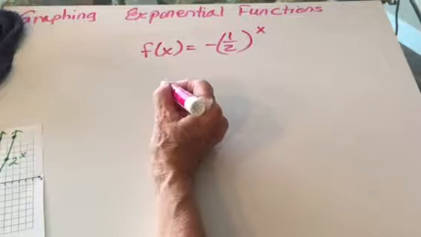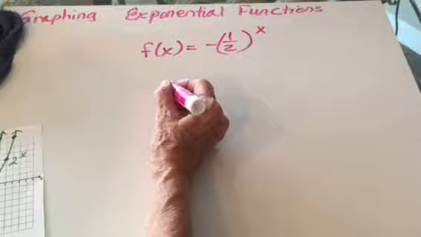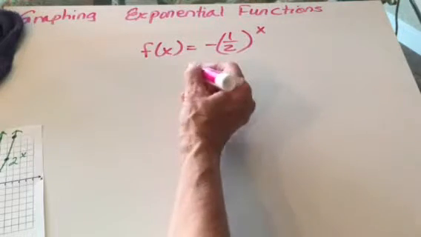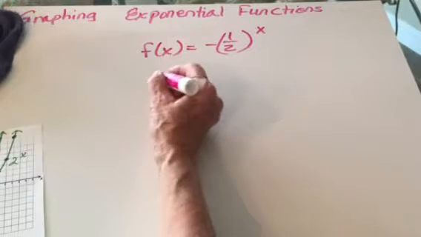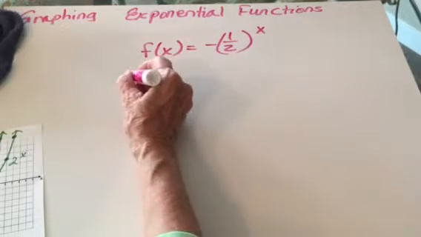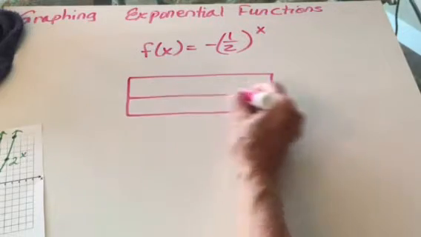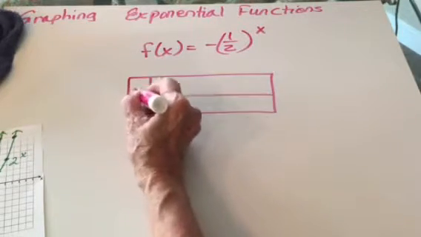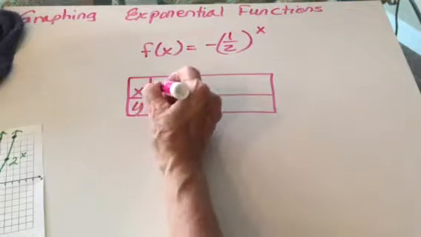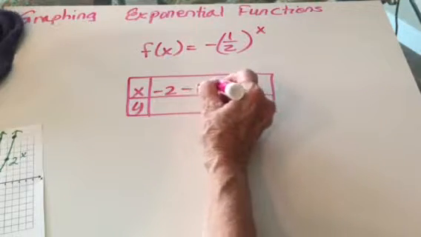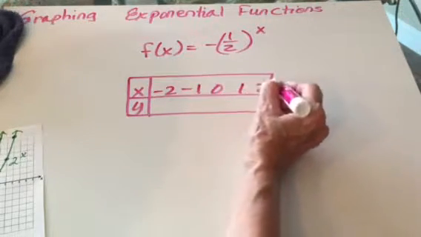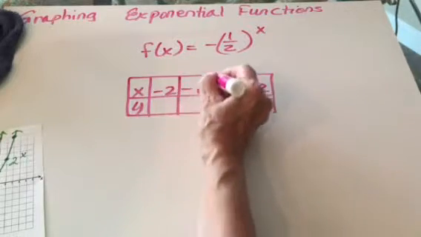All right, we're going to graph this as well. So I'm going to make an XY chart here. XY, and when x is -2, -1, 0, 1, 2. Okay.